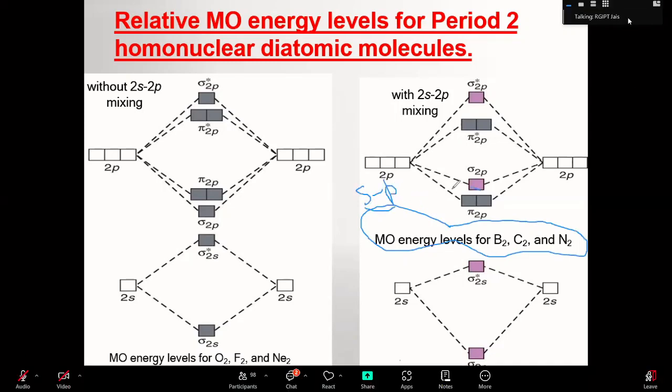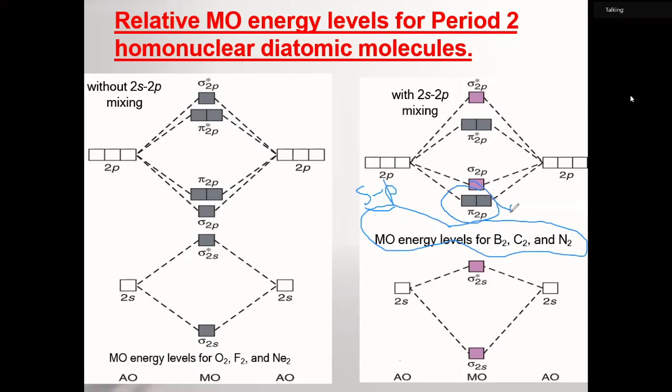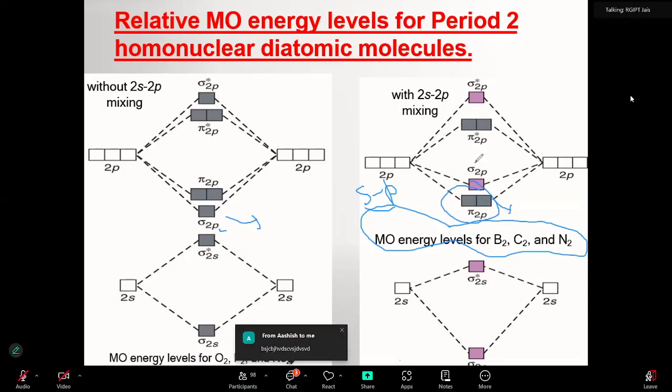That's why pi 2px, pi 2py have less energy, and in this case sigma 2pz has less energy. The electrons are filling according to energy level. This is the main difference between this and this.